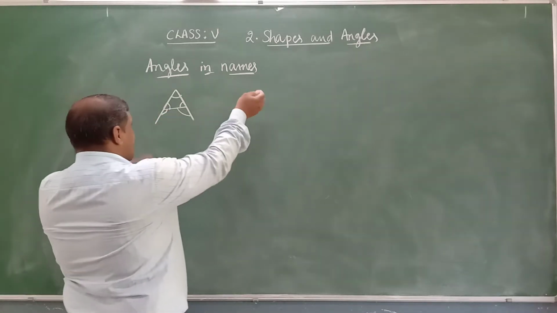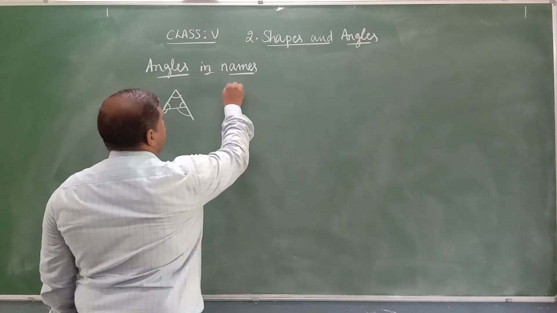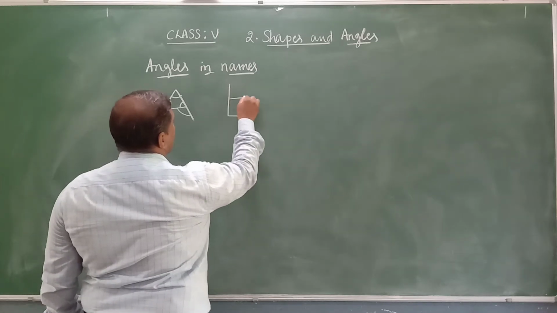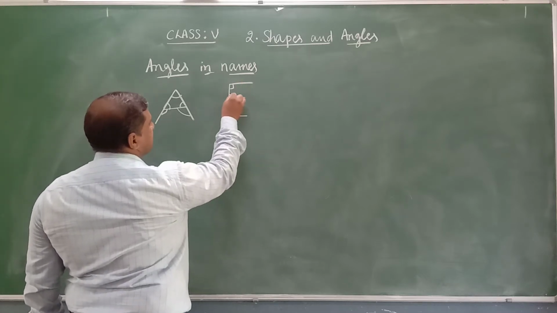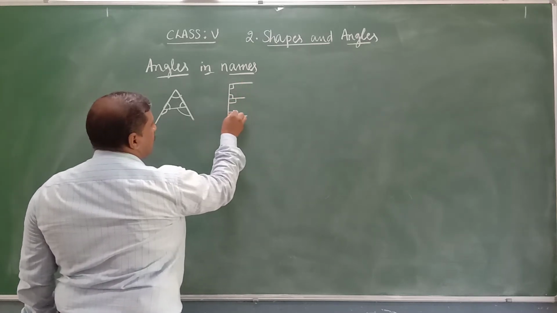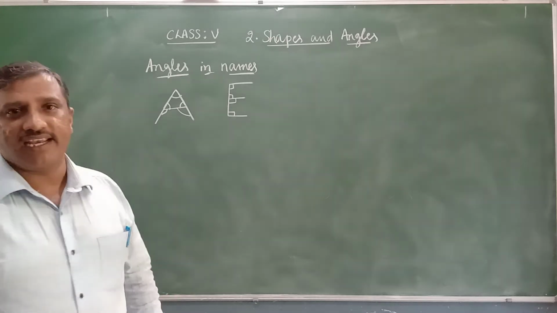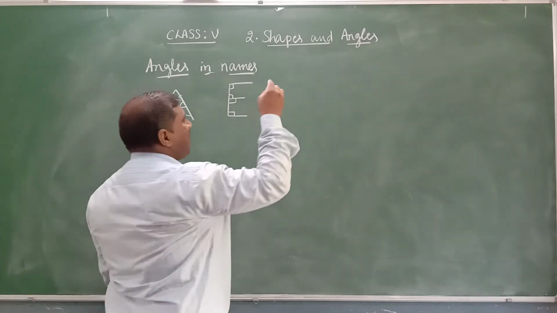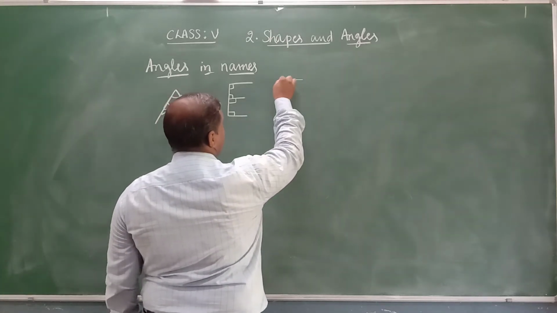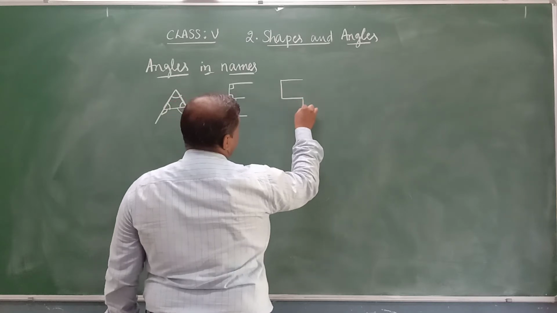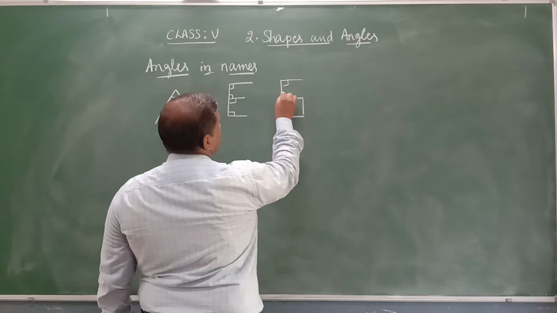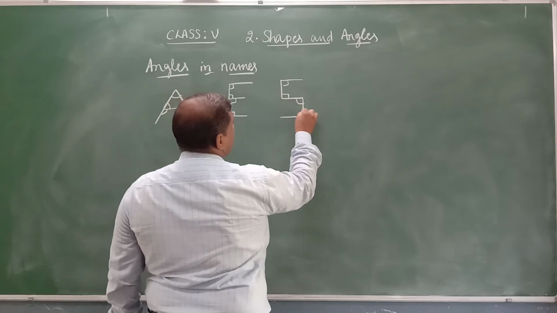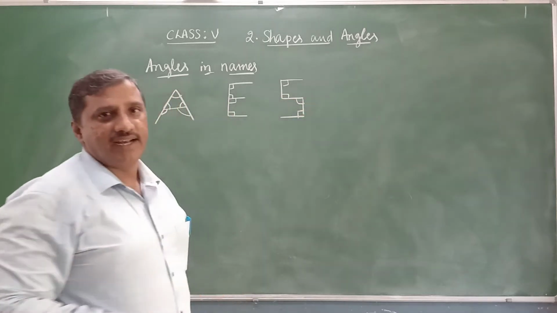Next, if we take the letter E, we write E like this. Here we have one right angle, then 2, 3, 4 right angles we find in the letter E. Like this we find angles.